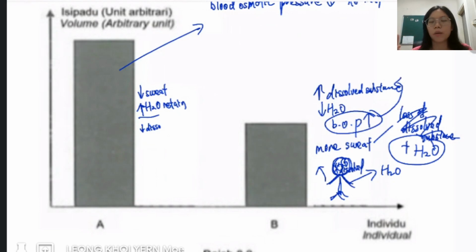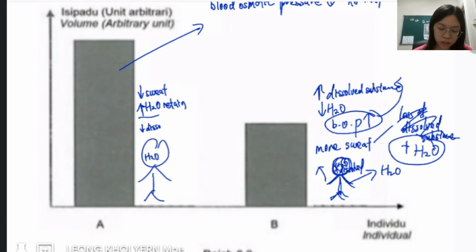So when you want to compare blood osmotic pressure, you think of the dissolved substance. For this person, he has a lot of water in his body, so it's very diluted, meaning the dissolved substance is very low, which means low blood osmotic pressure.